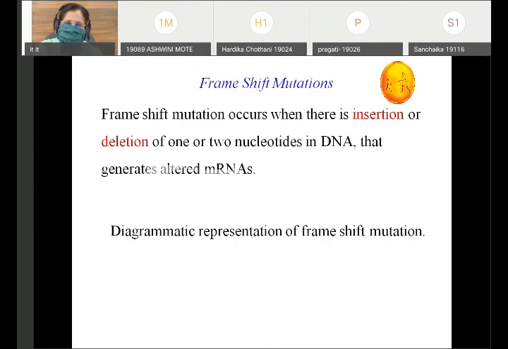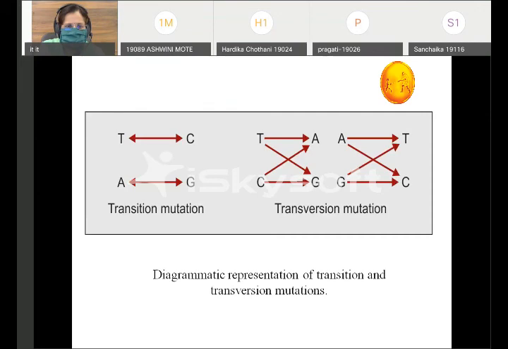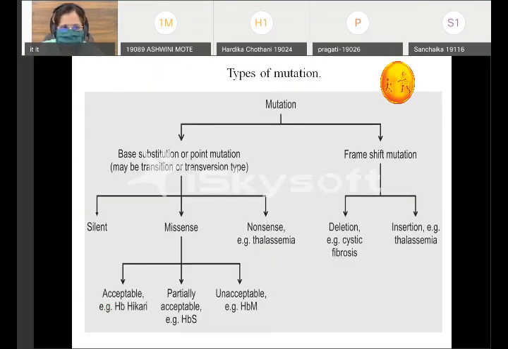You have to specify the things in point mutation: transition, transversion, then silent mutation, missense mutation. In missense mutation, you have to give the 3 examples: acceptable, partially acceptable, and unacceptable. And the third one is nonsense mutation.